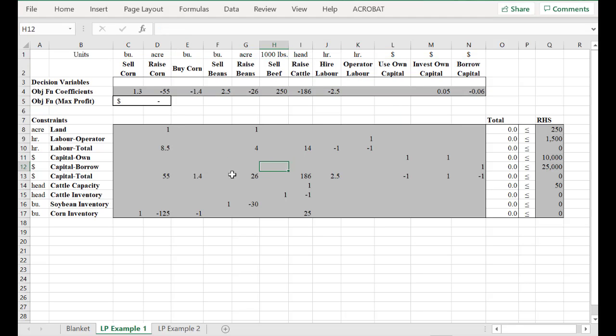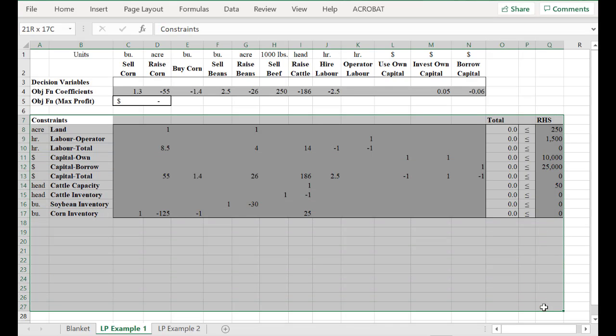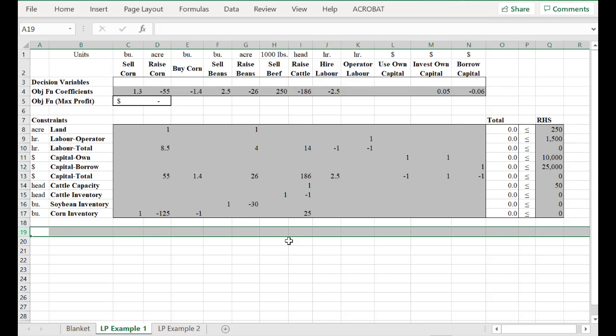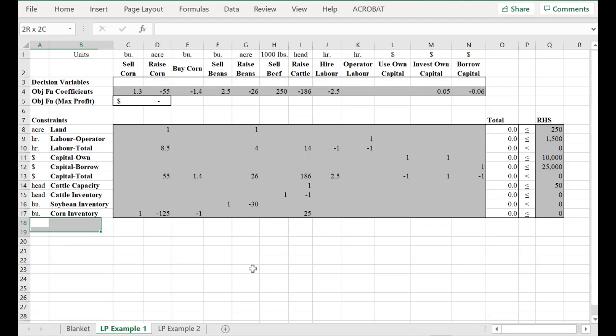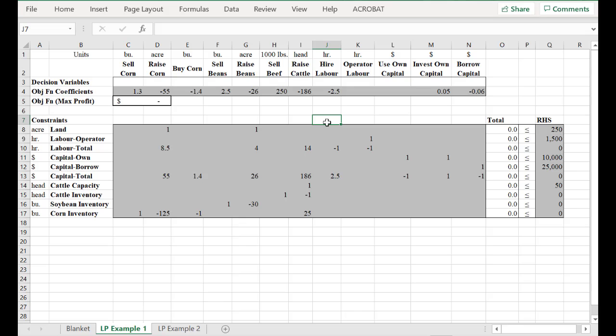It's similar to not checking that box and, in the constraint section, adding another 12 constraints. In one row you're saying that cell corn is greater or equal to 0, in another row that raised corn is greater or equal to 0. Because Solver allows you to check that box, you can save some space. You don't need to explicitly write down the non-negative constraint. It's already embedded in Solver.